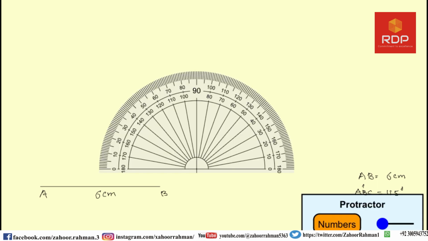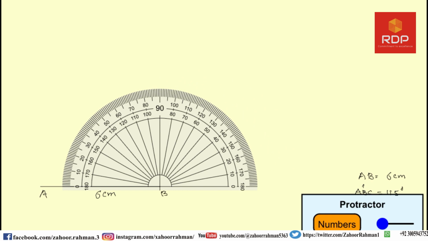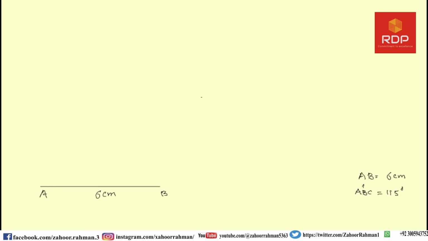Now I have to put this protractor at this point, and I have to draw an angle of 115 degree.